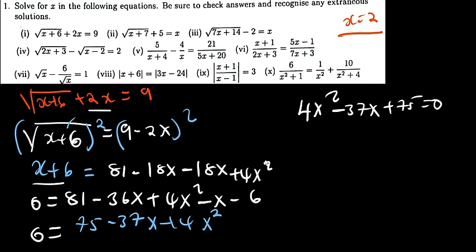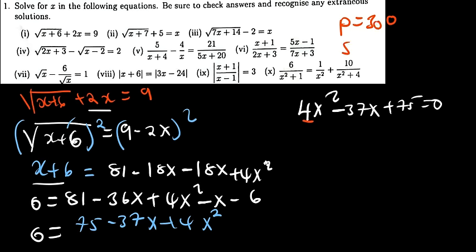So this is a quadratic equation. Now I'm trying to find the solutions. What I'm going to do is find the product. The product is 4 times 75. So 4 times 5 is 20, so I'll put 0. 4 times 7 is 28, 28 plus 2 is 30. So 300, that's my product.